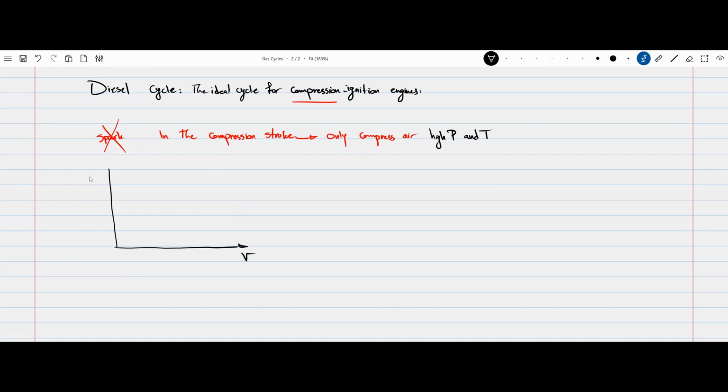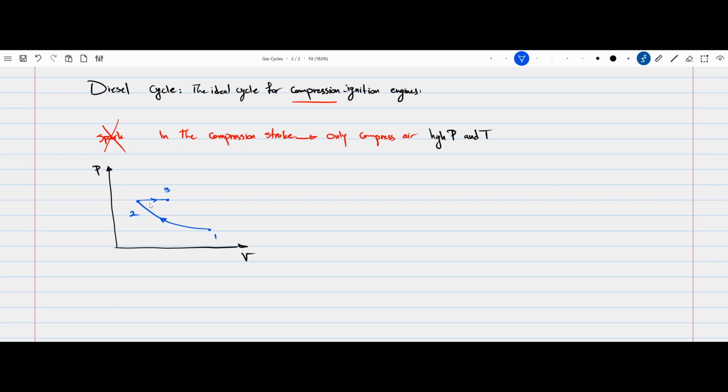So again, let's say this is P and this is V, and we are looking at the cycle. The first stroke, the compression is kind of the same. You start from point 1 and you go to point 2, from the bottom dead center all the way to the top dead center. Then when the pressure and temperature are high, you inject the fuel in. As I said, the piston has already started to move down while the combustion starts to happen. So for a brief moment in the combustion process, it is as if the process is constant pressure.